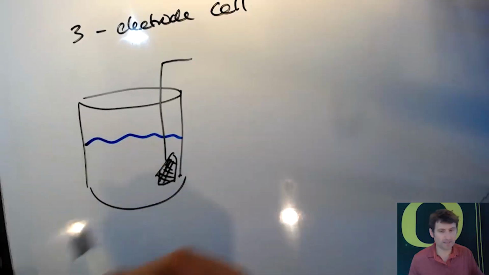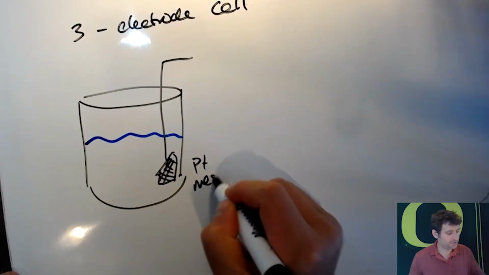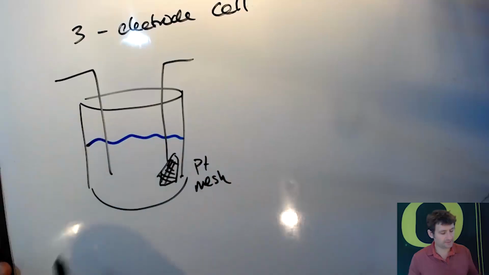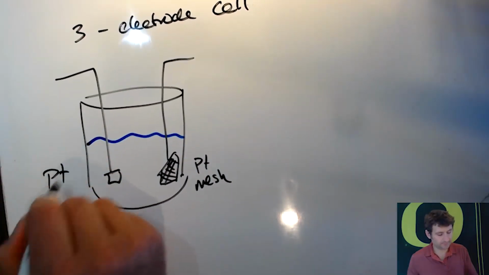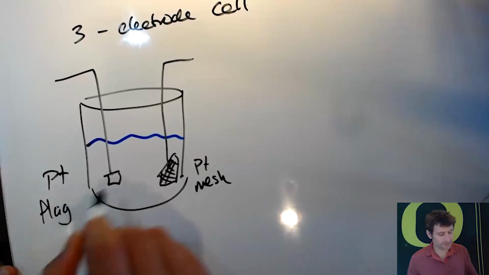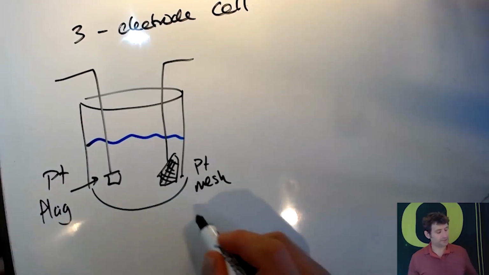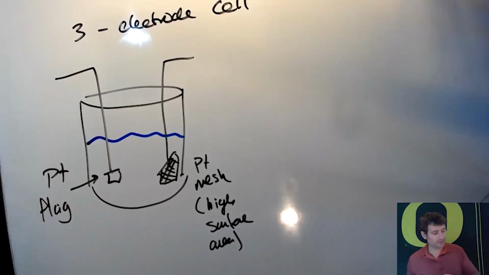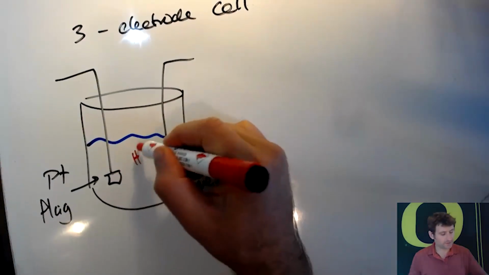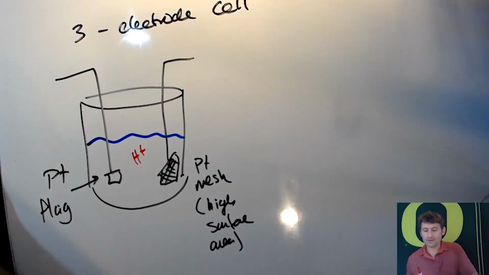So this time we're going to make one high surface area, like a platinum mesh. In this case, we're just going to have a little platinum flag, a little piece of sheet platinum. So this one's high surface area. And we're still going to have all sulfuric acid in here, so we're going to have lots of H plus.